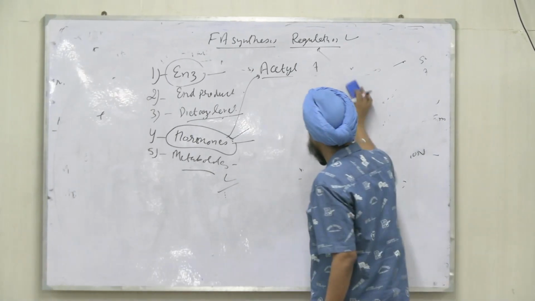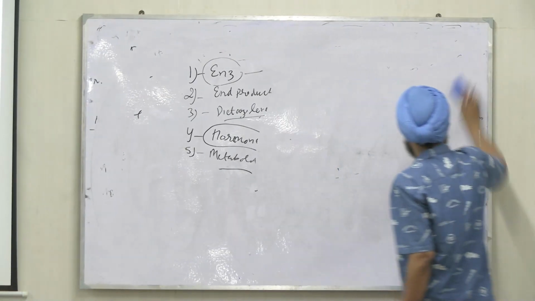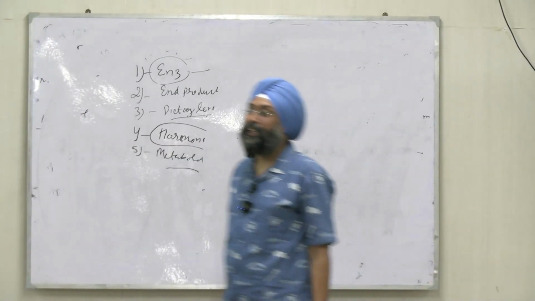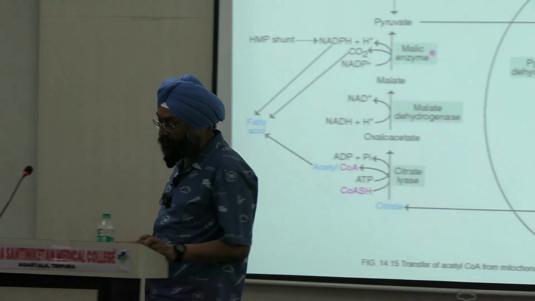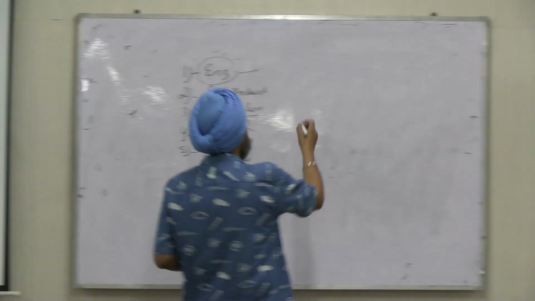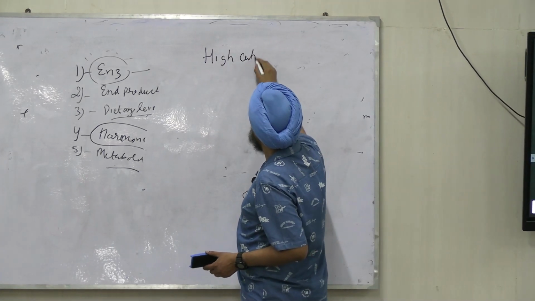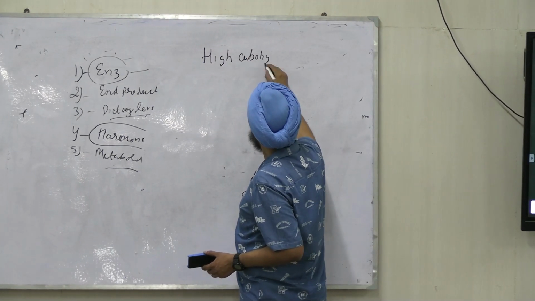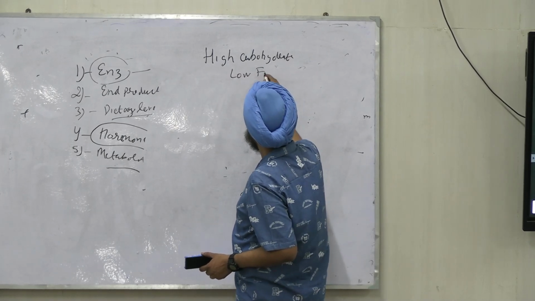Tell me. Any guesses? We have already discussed the keto diet. I hope you remember it in beta-oxidation and other steps. Tell me, dietary manipulation: one diet is high carbohydrate and low fat.